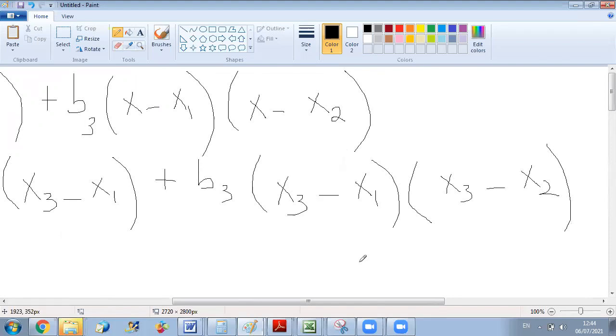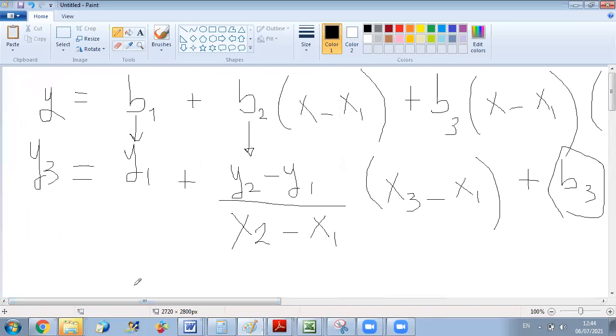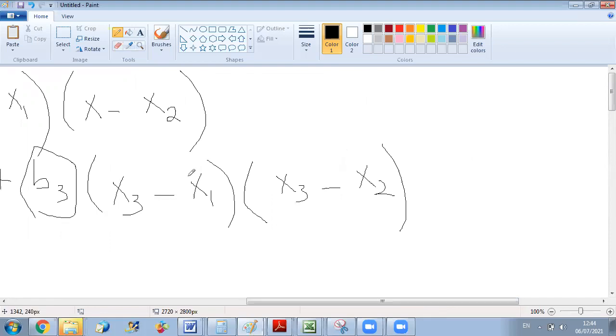Okay, so now just to find b3, all you have to do is to take these two terms to the other side, and to divide the whole result by (x3 minus x1) and (x3 minus x2).